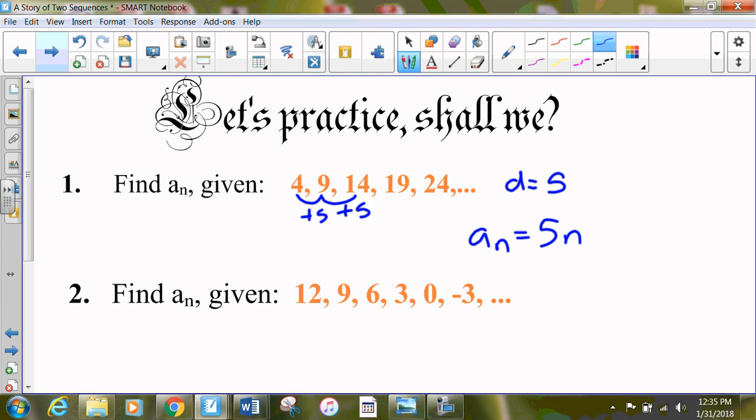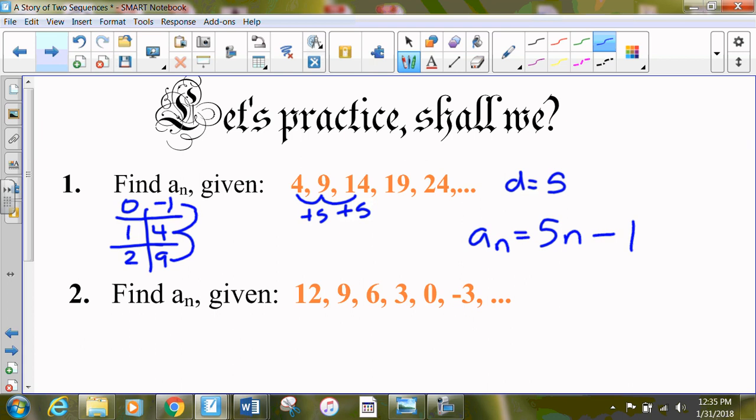We could either set up a table like this. As we're moving down the table, we're adding 5. As we're moving up the table, we're subtracting 5. So 4 minus 5 is negative 1, so my 0th term is negative 1. You could also do this just looking at your sequence.